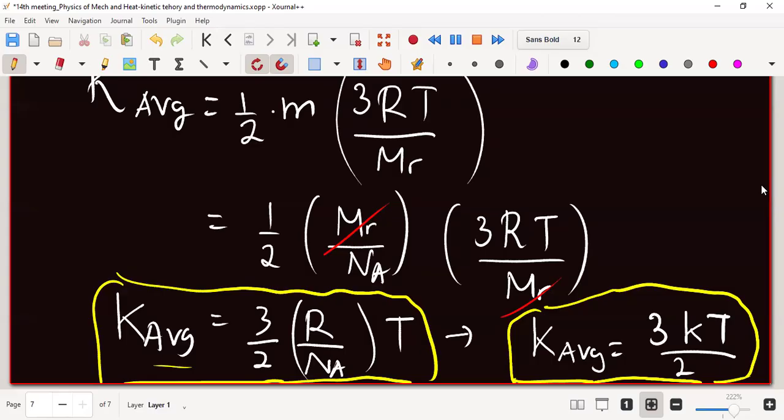But before we start the mean free path, maybe we will take a break first, around 5 minutes.